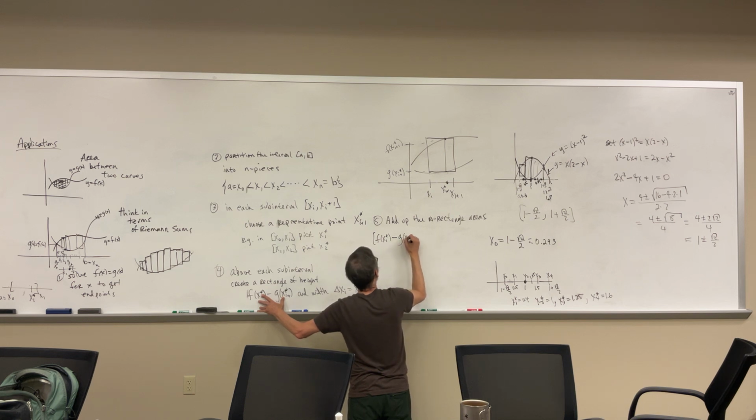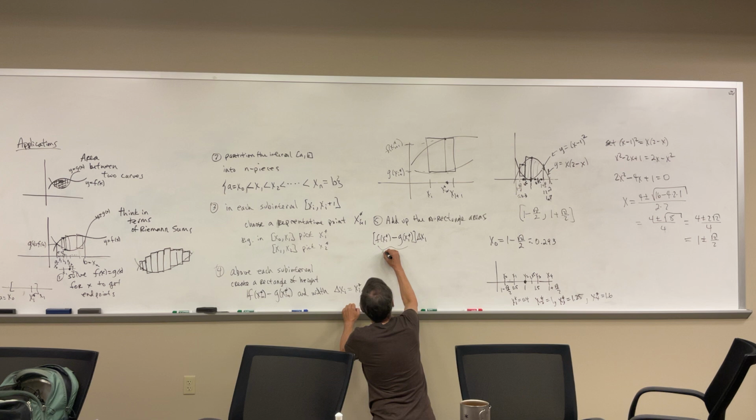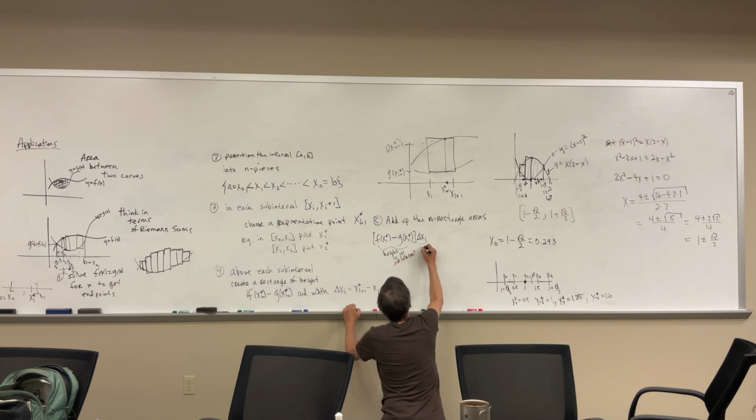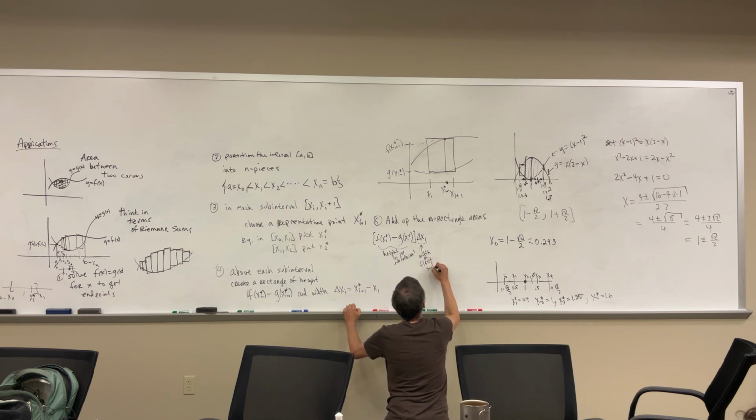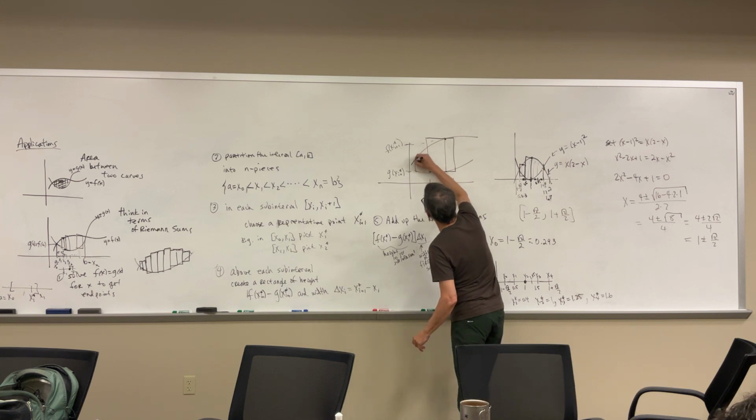You'll see what I mean. So I take the height at that first representative times the width of that first interval. So check it out. This is the height in the first subinterval. This is the width of the first subinterval. And so right now, I've just got the very first rectangle's area.